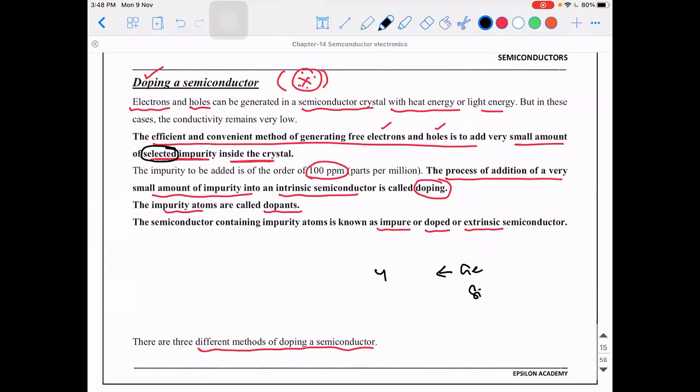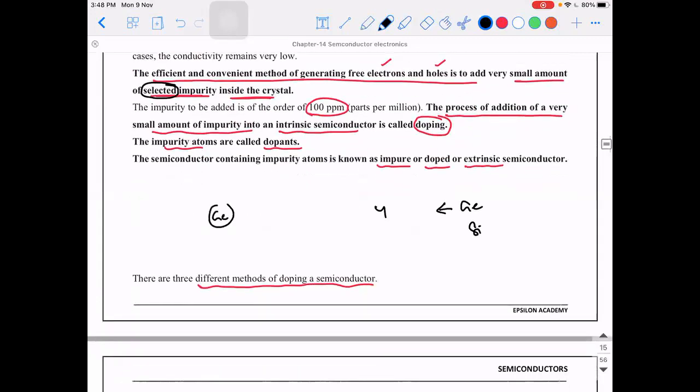So listen. You have a germanium atom with 2 electrons participating in bonds with a neighboring germanium atom and another neighboring germanium. So what I need to do is add the impurity in such a way that it contributes its electrons for the process of bonding.